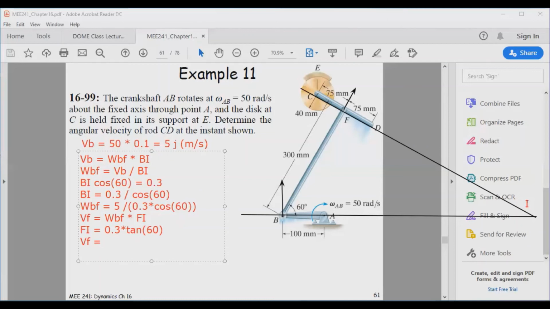I'm just going to replace: 0.5 divided by 0.3 times cosine 60, and then this whole thing, that is my omega BF, multiplied by 0.3 times tangent 60. And by the way, guys, we only have a minute left here. I'm going to stop the recording so we don't miss information, and you can log back in to continue watching. I'm going to stop now, and then we'll come back.